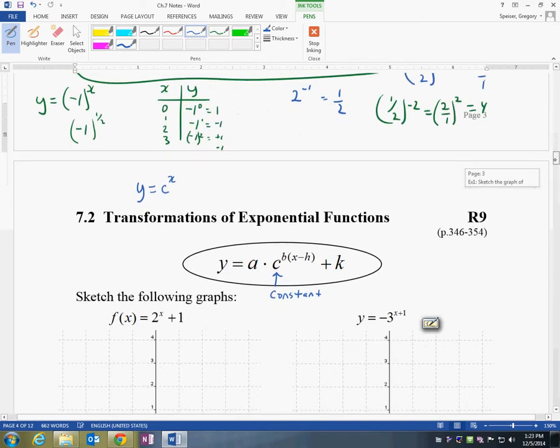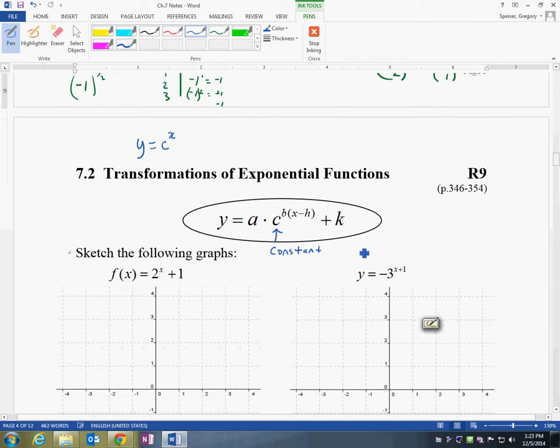And then the a and the b and the h and the k really mean the same things as they always have. So what does the a mean? The a is your vertical stretch. The y values get multiplied by a.